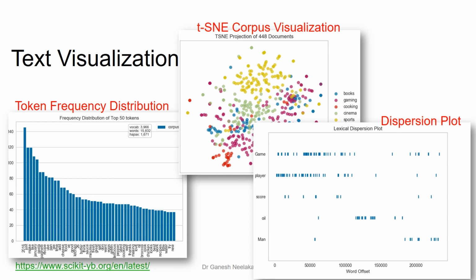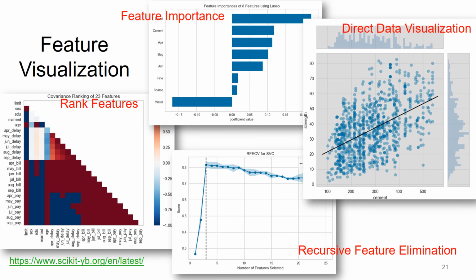So choose the right visualization method for the right algorithm. There are also feature visualizations, for example, rank features, feature importance, recursive feature elimination, where by eliminating a feature, we see how my score looks, etc.